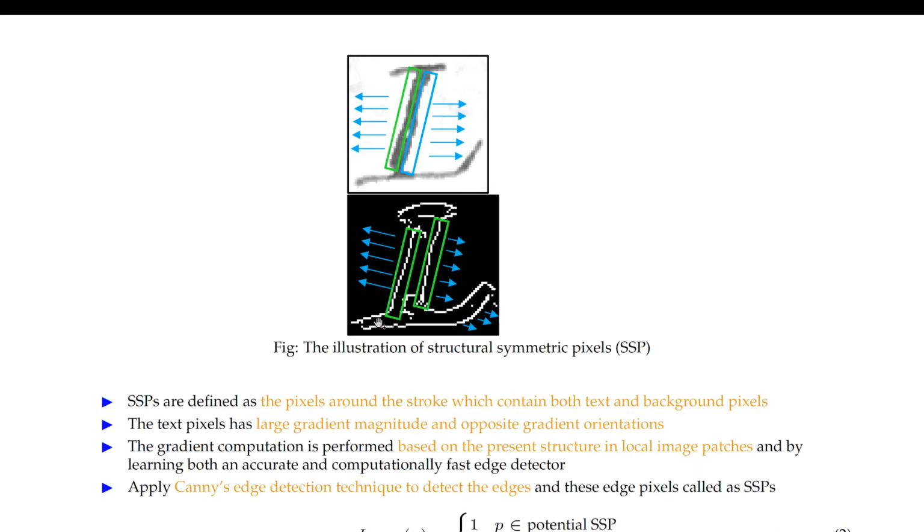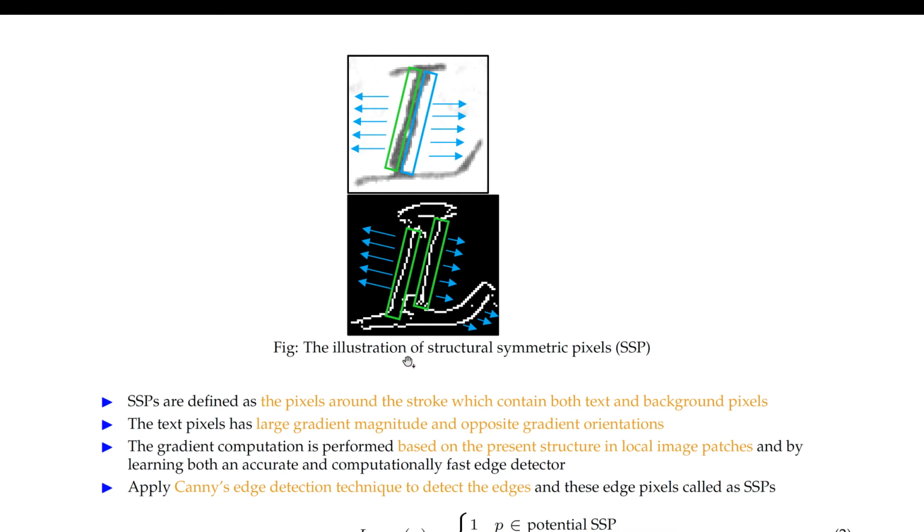That means on this side you will have some background, and inside you will have some text portion. This concept is used to identify the text pixels from the non-text pixels, from the background. And this concept is called structural symmetric pixels.